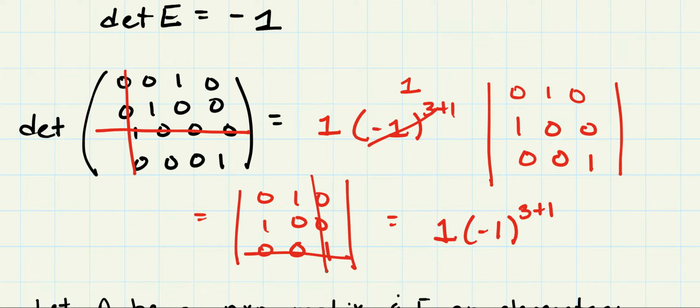And then I cross this stuff out and I get that matrix again, which we know the determinant of is negative 1. And this becomes 1. So this ends up equaling negative 1. Other type 1 elementary matrices are similar. If you switch a couple of rows, you'll get something very similar, and the determinant will always turn out to be negative 1.